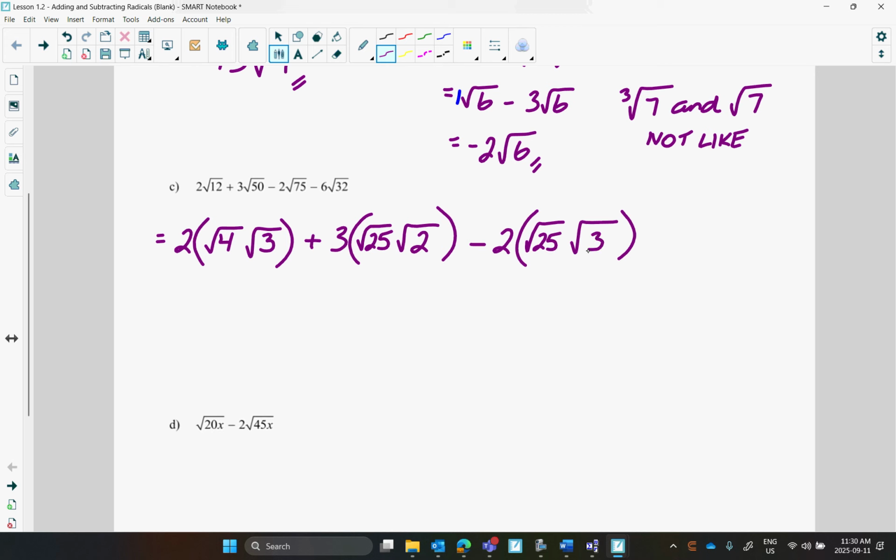This last one you got to watch out for, because there's more than one perfect square that goes into it. Make sure you pick the highest. 16. 4 does go into it, but it's not the highest. 16 is the highest, which means this must be 4 root 2.